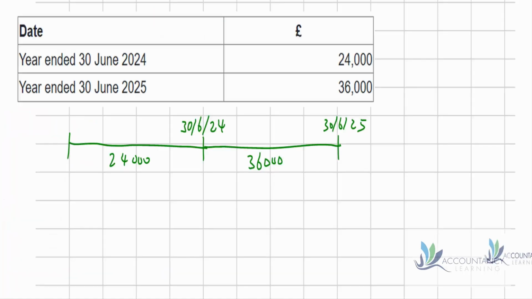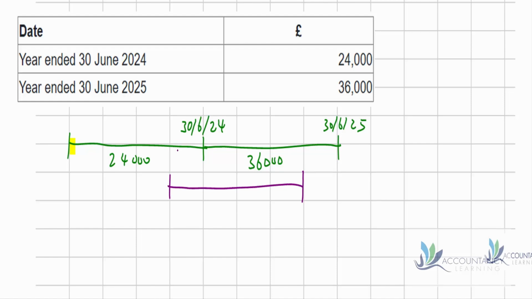So an easy way to work this out is by drawing out a timeline. So we can see that we have the income for the year to the 30th of June 24 of 24,000, and then the income to the 30th of June 25 of 36,000. And then what we need to do is superimpose on this the tax year. So our tax year ends at the end of March 25, effectively. So there is the tax year.